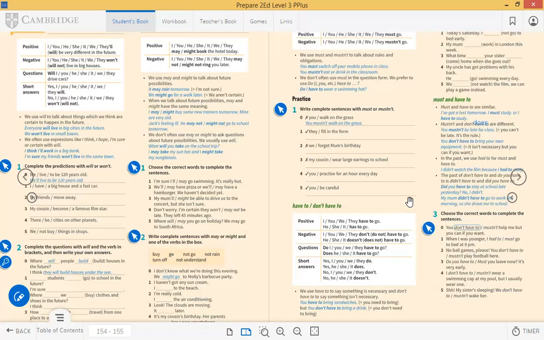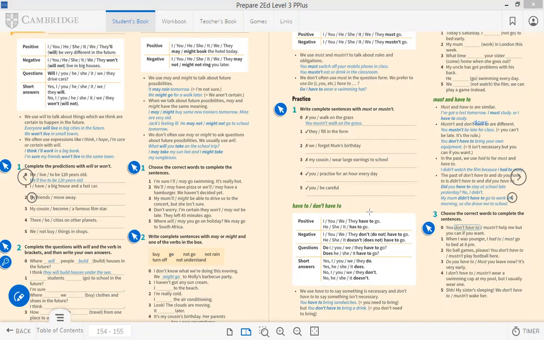So let's go directly to exercise number 3. Choose the correct words to complete the sentences. Number 0: You don't have to help me, but you can if you want. Pay attention if the sentence is affirmative or negative. Number 1: When I was younger, the sentence is present or past.